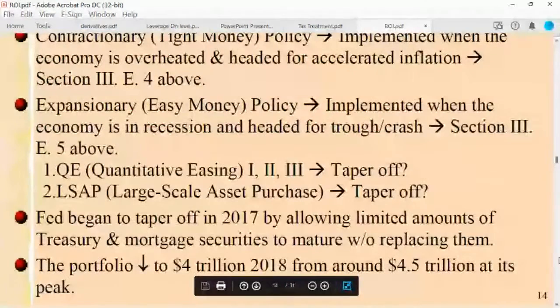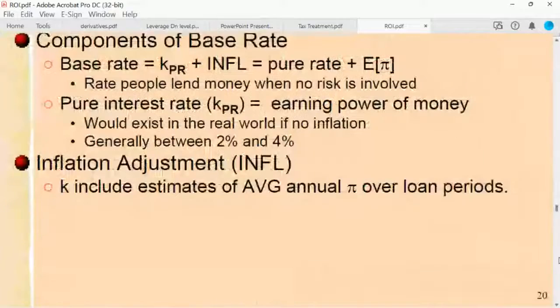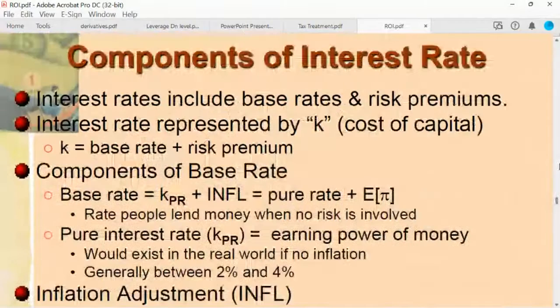And because you are a prime category borrower, your default risk is almost zero, so there is no need for a default risk premium, right?